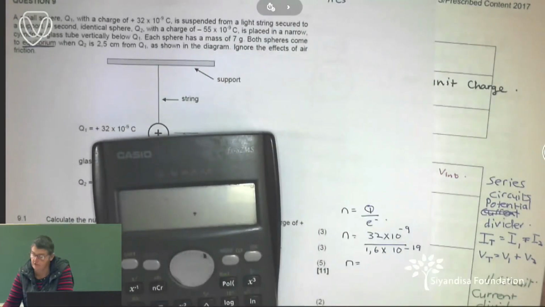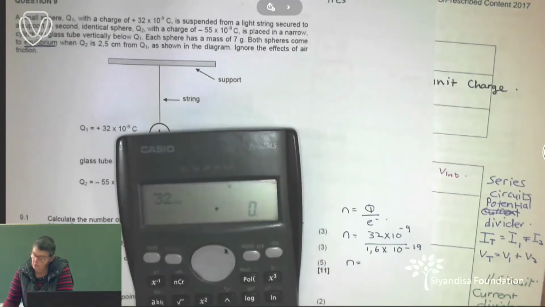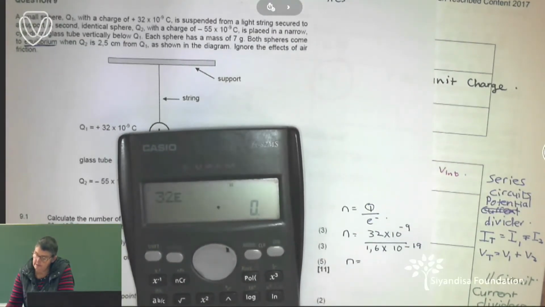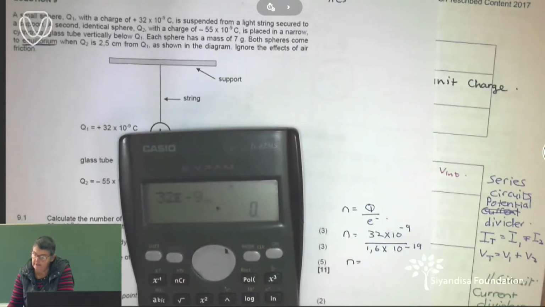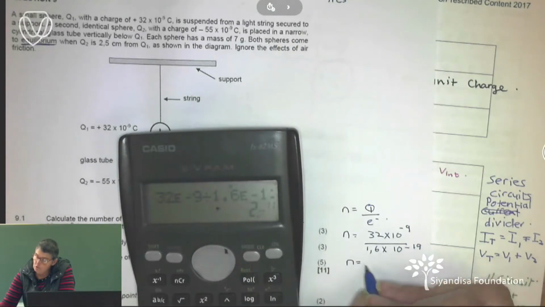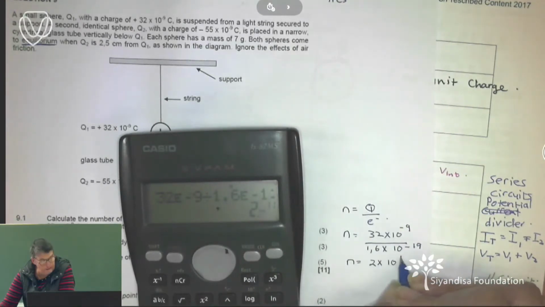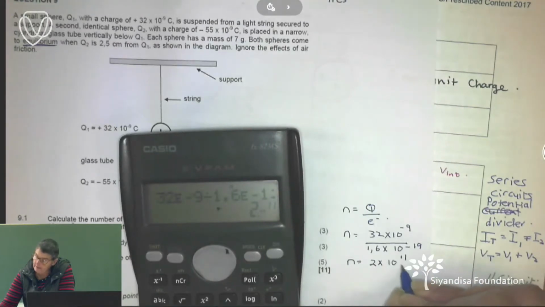Right, so N is going to give me my number of electrons that had to be removed: 32 times 10 to the negative 9 divided by 1.6 times 10 to the negative 19. And that gives me 2 times 10 to the 11 electrons.